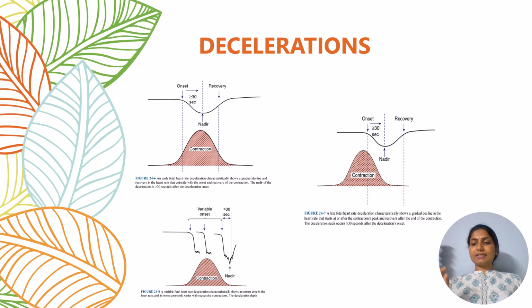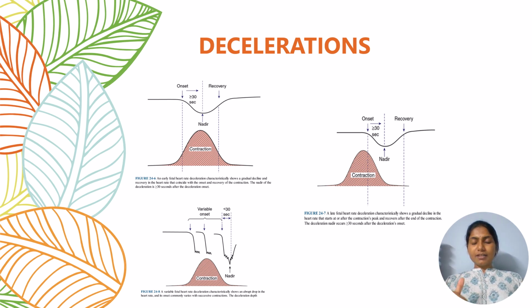This is called an early deceleration, and it is very much normal and physiological. In the first figure, the contraction corresponds to the nadir of the deceleration. What is the nadir? It is the lowest point of the deceleration. So the contraction and the nadir correspond with each other. This is called an early deceleration.